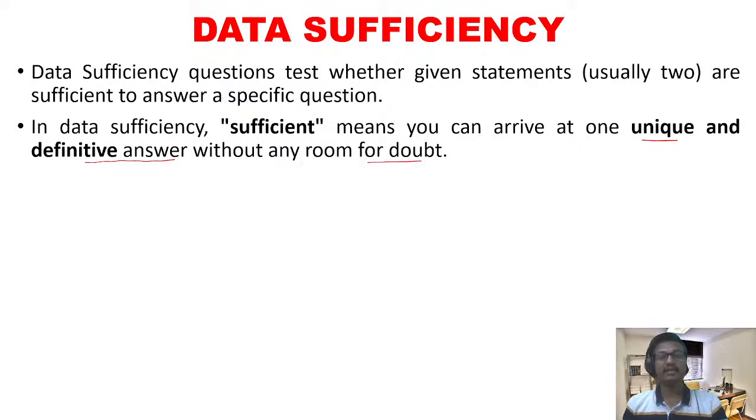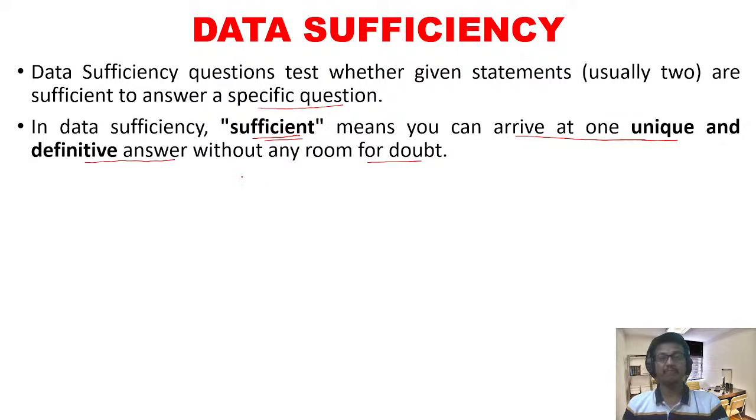You should not have any doubt in the mind. You should arrive at the unique solution from the given two statements. Then you can say that those two statements are sufficient to answer the specific question.